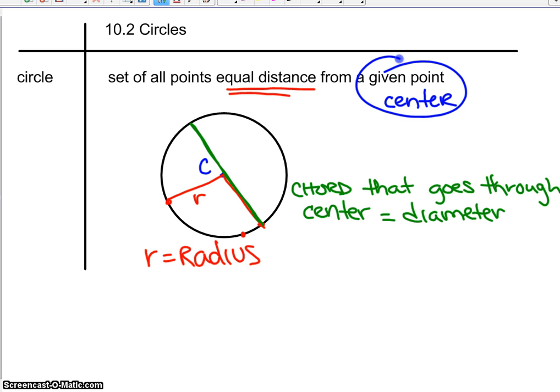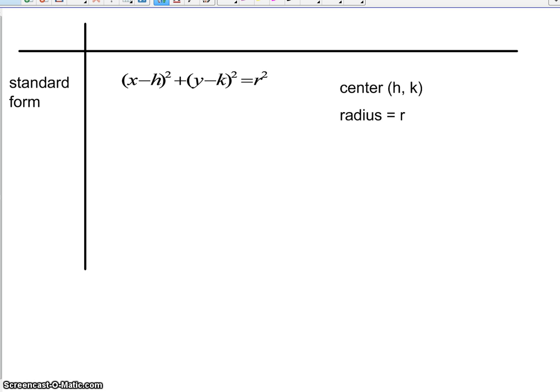Chord again is the idea that I have a segment where my endpoints are on the circle. The idea again is your diameter is the same as 2 of your radius or radii, and that if I knew my radius, it was half my diameter.